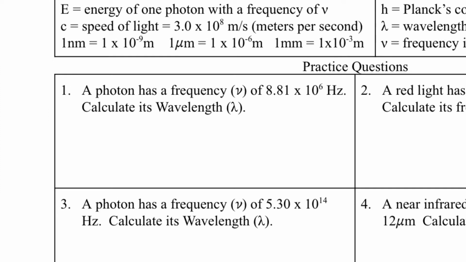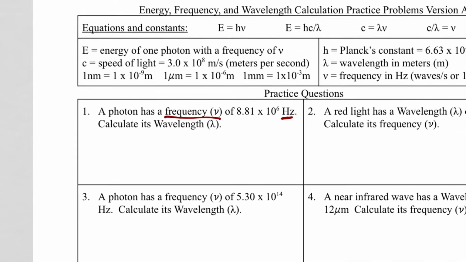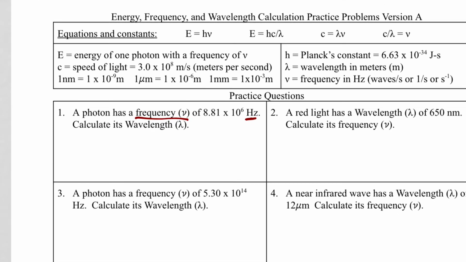For example, here you're trying to find the frequency, which is represented by the Greek letter nu, 8.81 times 10 to the 6th hertz, and that's one of the givens. The second part of the given is not really obvious because it's not mentioned in the question, but you need to recall that we are probably going to use a derivation of this, which is essentially lambda is equal to the speed of light divided by nu.